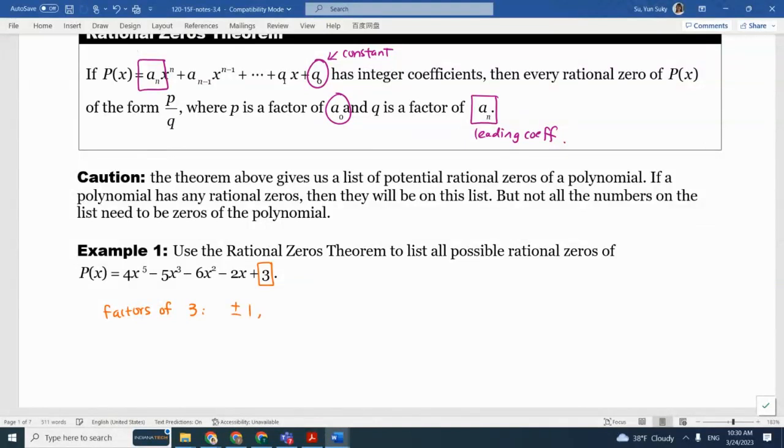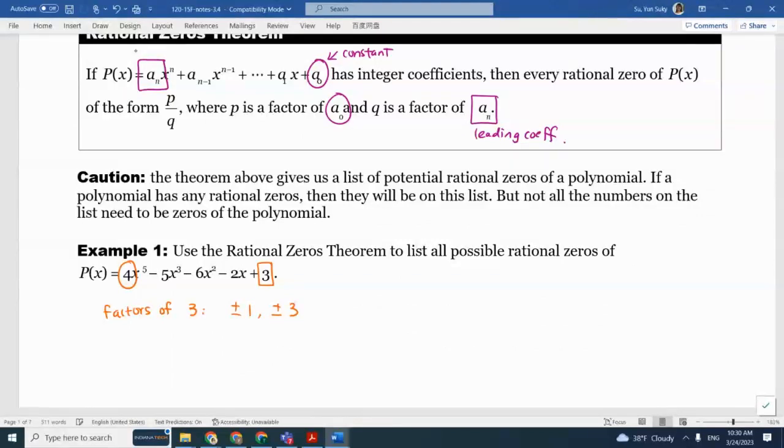You always start with 1. And then what are the other factors of 3? 3, yes. So the integer factors of 3 are plus or minus 1, plus or minus 3. So they are the integer factors of the constant term.